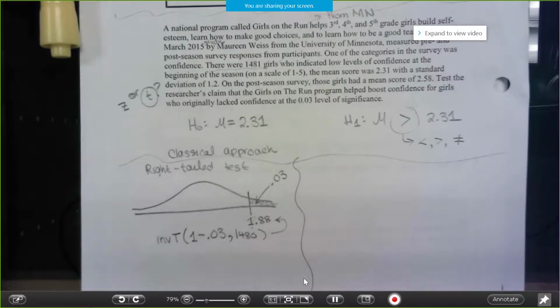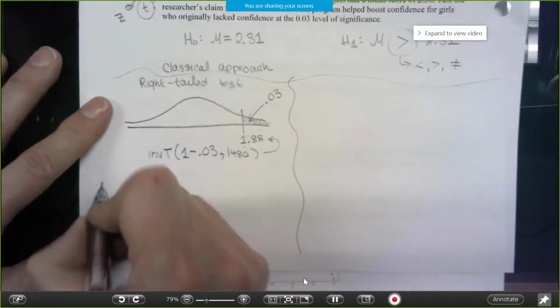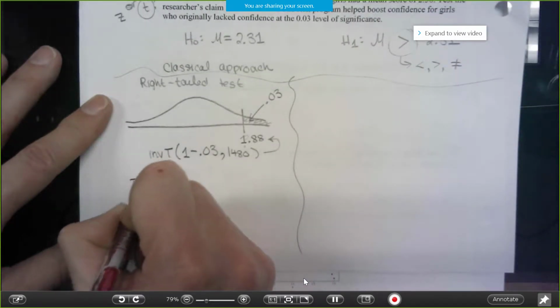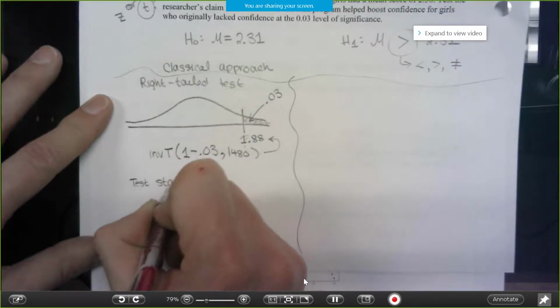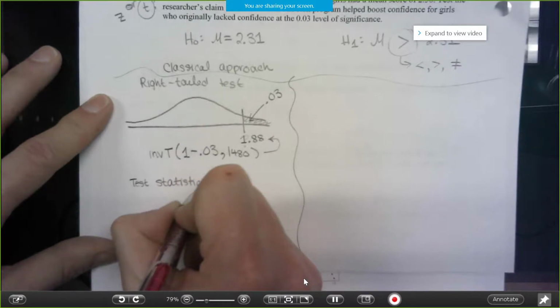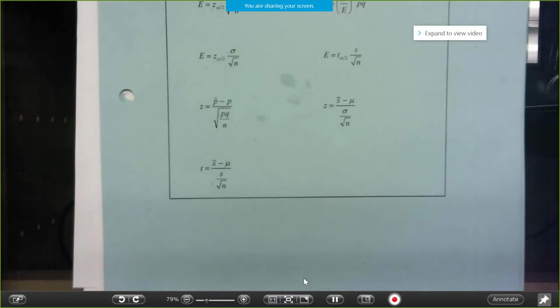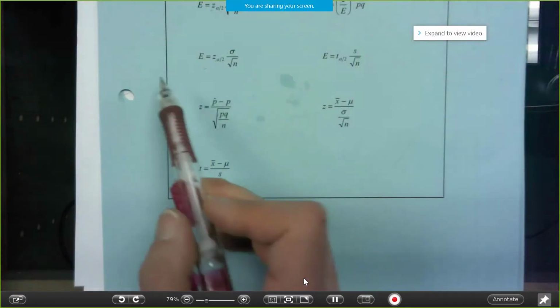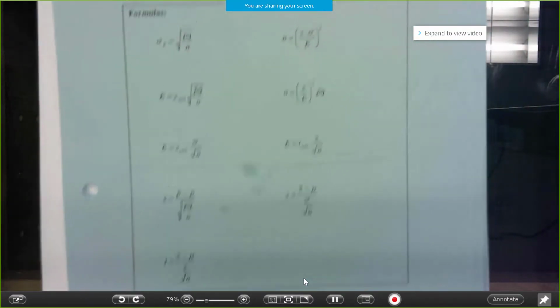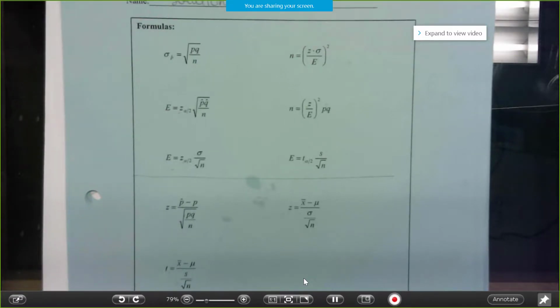Now what we want to do is find our test statistic. Remember, if our test statistic is in the critical region, then we reject. So our test statistic, say I cut my formula sheet kind of in half there.